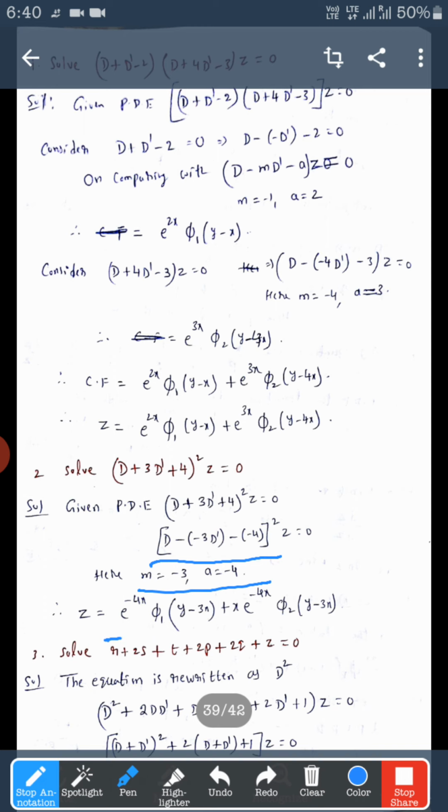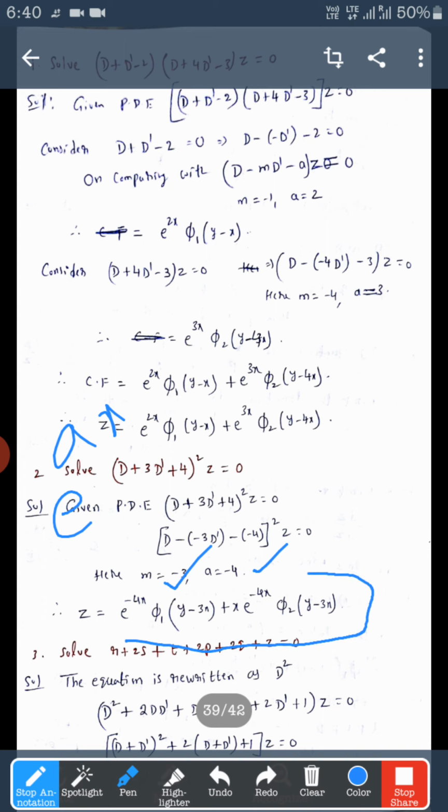Therefore, e^(ax) phi 1(y - 3x) plus x e^(-4x) phi 2(y - 3x). Because the square is there, we get two roots, that's why we write x into. So this is the complete solution.